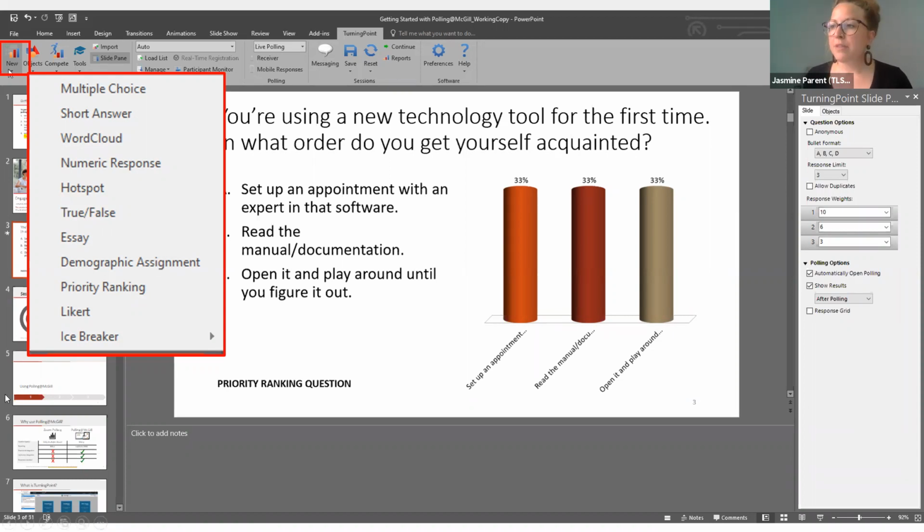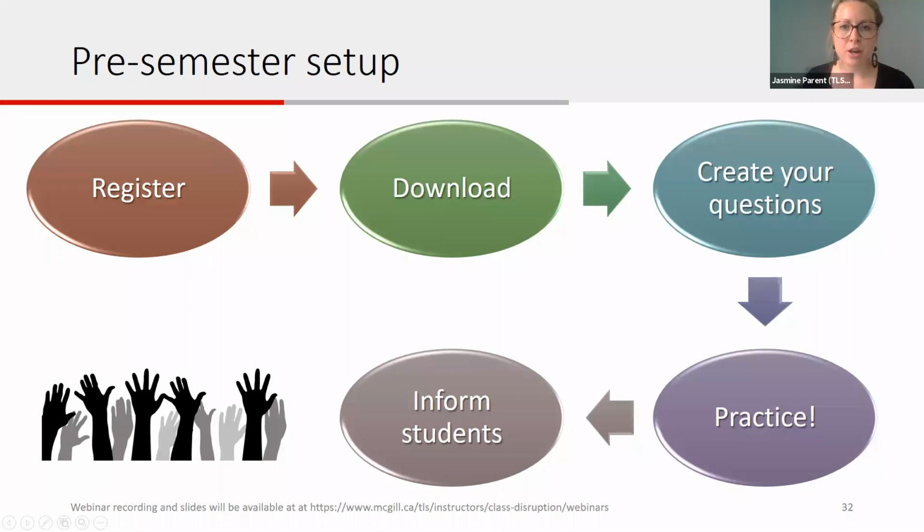Some notes on things you'll want to do before the semester starts. This includes registering your account, that's the first step, and downloading Turning Point onto your hard drive, installing it, and opening it with PowerPoint to create your questions. We highly recommend that you practice running a session or two before you actually run it for the first time in your class.